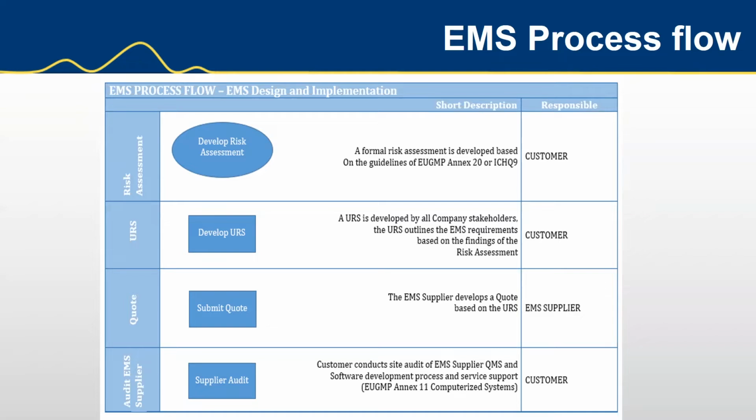So we have a short description of what a risk assessment is. For those of you unaware, a formal risk assessment is developed during the initial stages by the customer to figure out what they need for the monitoring system and to identify any risks in the facility, and things like critical areas to monitor, the locations, the type of sensors needed, the duration of monitoring, alarming, the number of sensors.